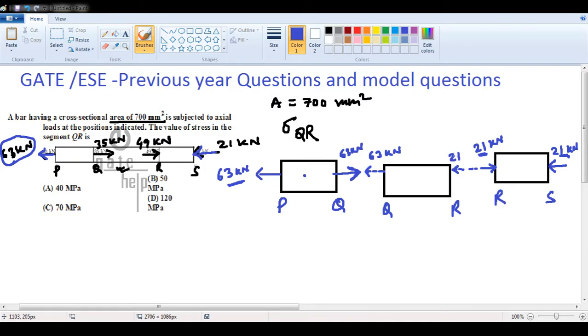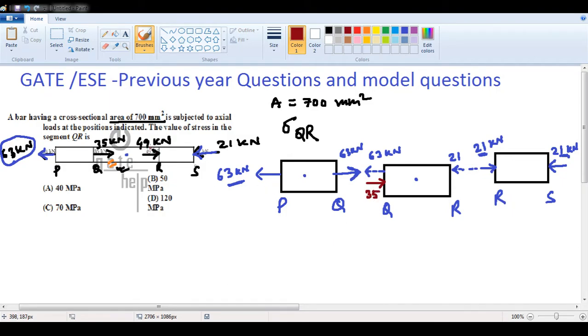Now, after putting this, go back to the question. See section QR. If you take a point of section QR, here 35 kilonewton is going towards the center, so here also you keep it towards the center: 35.